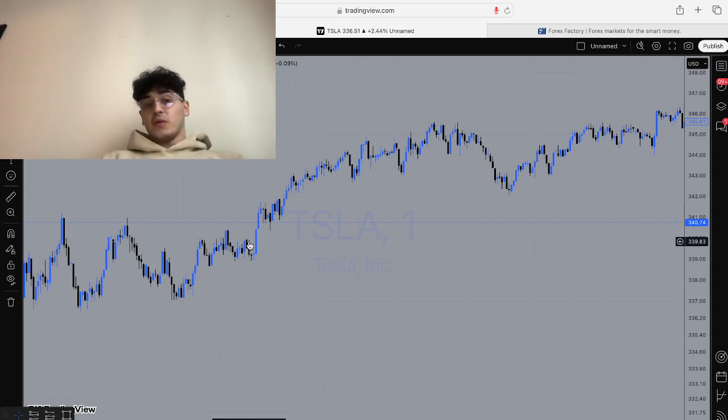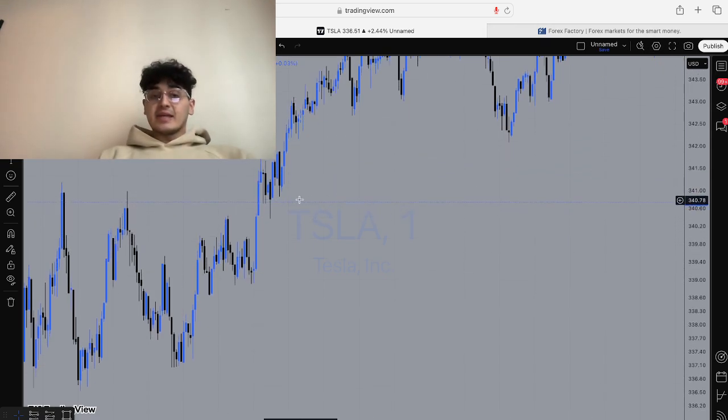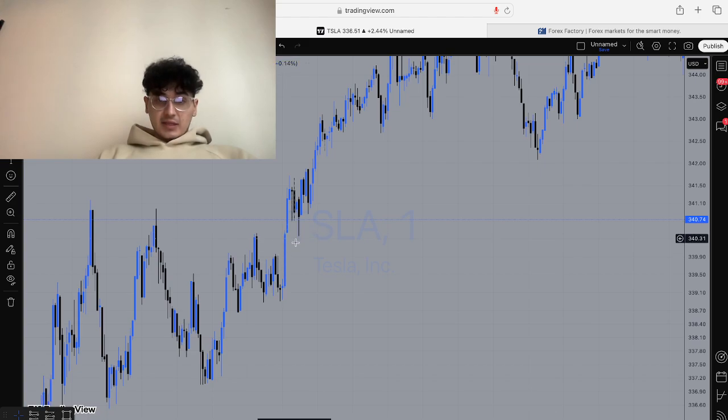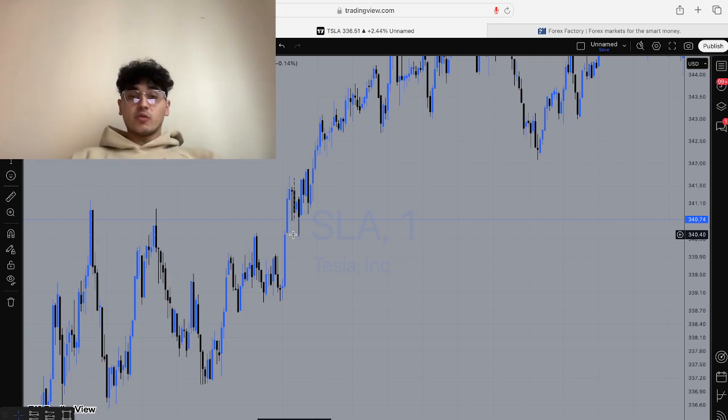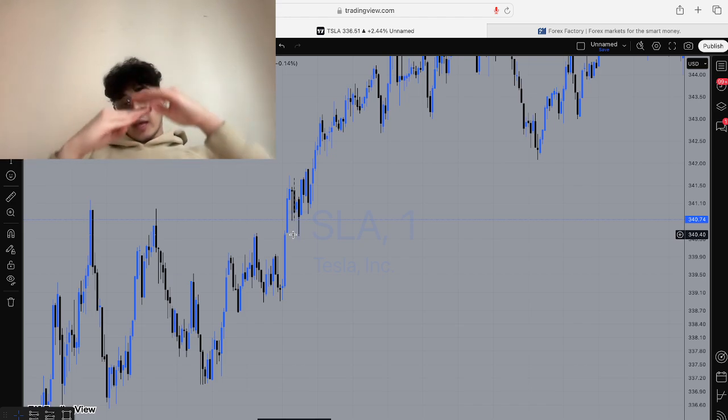So that's how fair value gaps are created, because we have a gap just like this, right where my mouse is, a gap that's being created due to excessive buying that happened so quick that certain orders could not be filled. And when certain orders aren't able to get filled, typically price is going to want to retrace back to those areas so those orders can get filled.